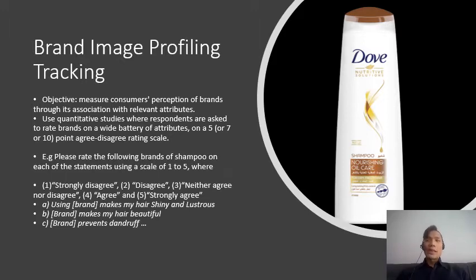So an example would be something like this, where we rate the following brand of shampoo on statements from 1 to 5. So it could be using the name of Dove, for example, in this shampoo: Dove makes my hair shiny and lustrous. Dove makes my hair beautiful. Dove prevents dandruff, and so on and so forth. So it could be a lot of statements.